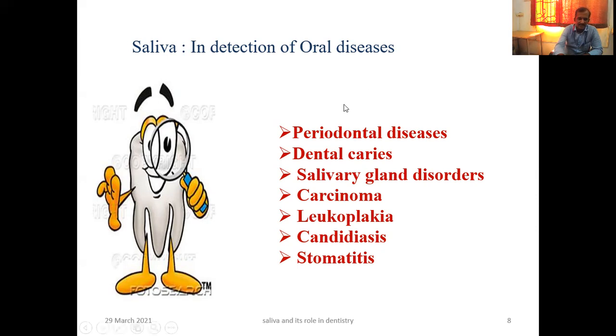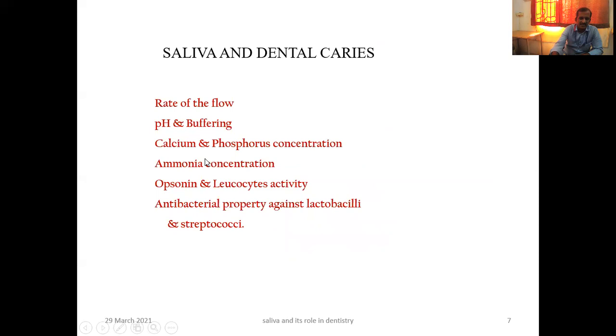Then the next part, as I mentioned earlier, is saliva and its relationship with dental caries. Dental caries is a bacterial lesion, more prone in the pit and fissure area. In the last session regarding dental caries, we explained the pit and fissure caries.